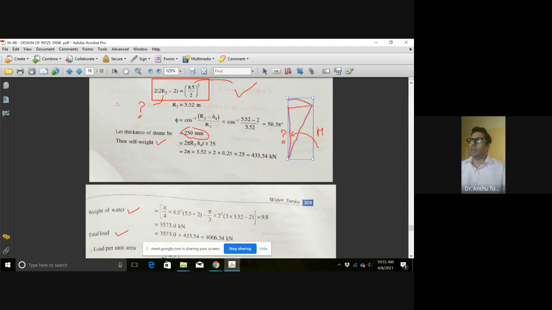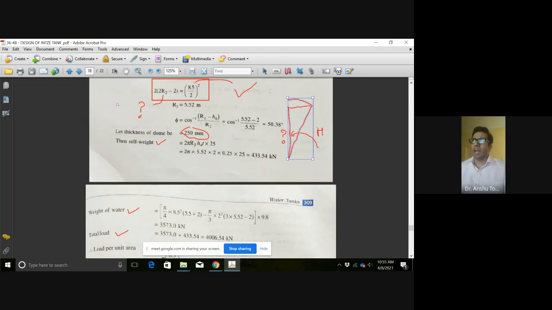Now self weight you can easily find out as we have done here, finding out the value in per meter square. Either you can use it in per meter square, or you can use it as a concentrated load. So simply finding out the surface area and multiplying that surface area with the thickness, you will get the volume. Multiplying that volume with the unit weight 25 kilonewton per meter cube, you will get the concentrated load. The same thing has been done here.